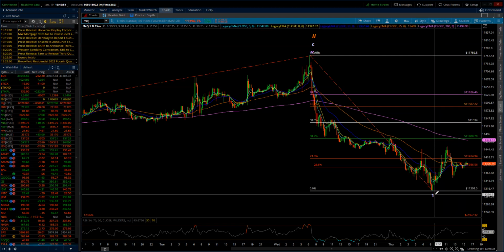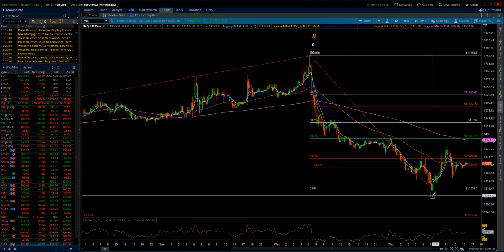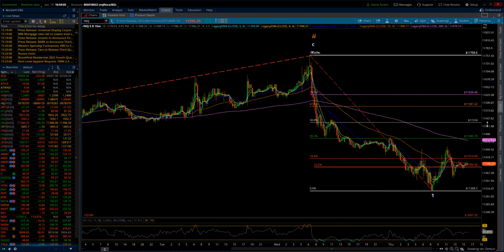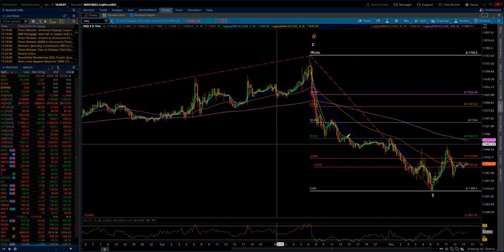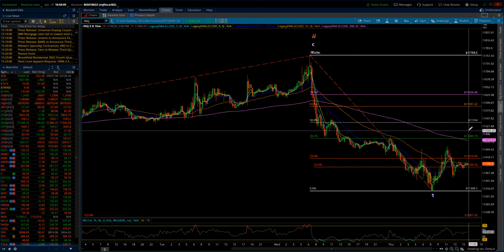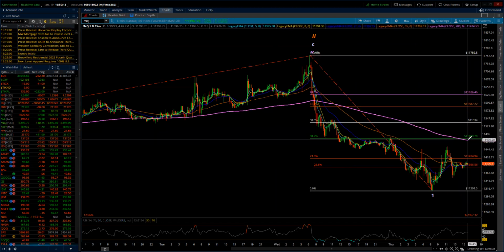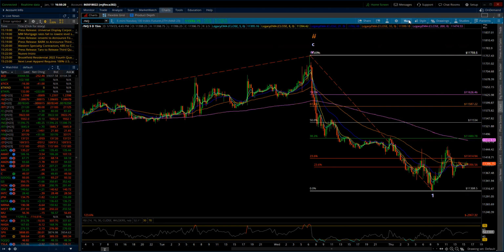Wave 1 ended up being about 450 points, top to bottom. So we can get a decent bounce out of this. At a minimum, I'd be looking for at least 3A2, which puts us up at 11,481-ish. We also got the 15-minute 200 sitting at 11,475.